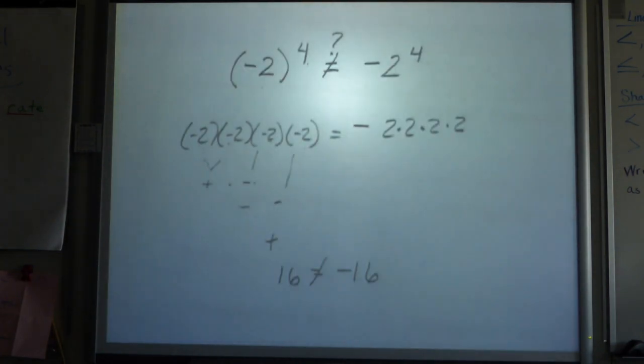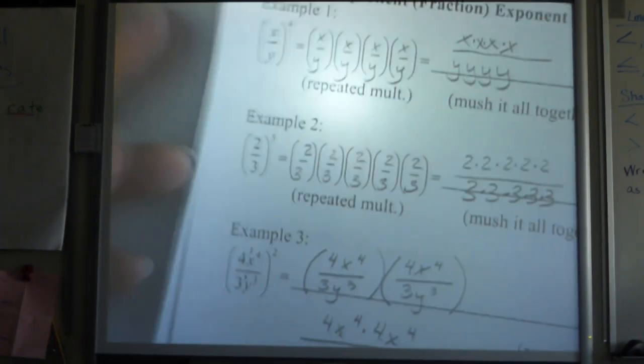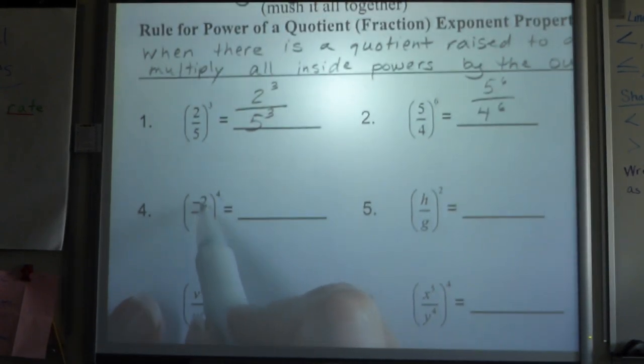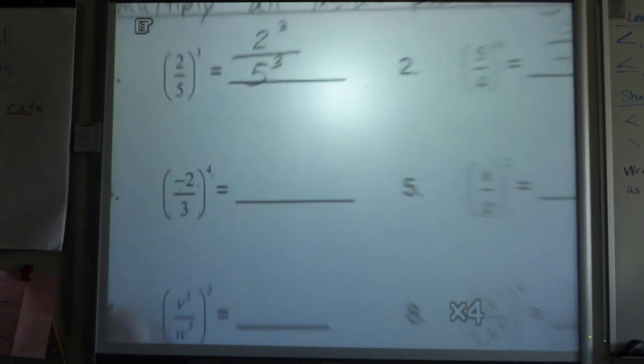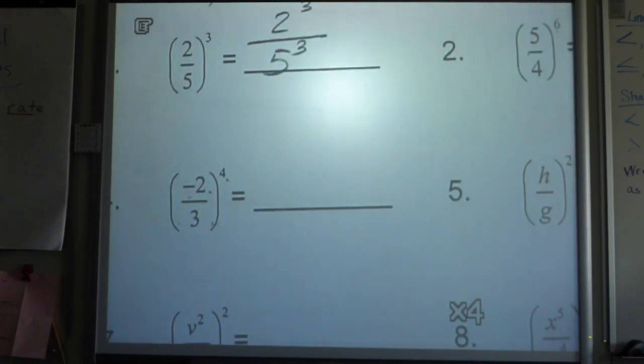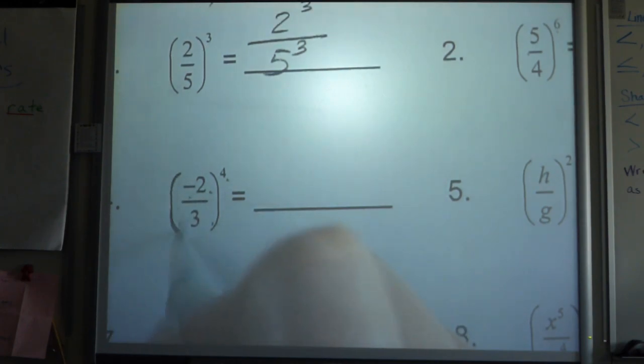All right, so now that we just clarified that, let's look at number 4 again. So here we have -2/3 raised to the 4th power. So is that negative included in this case? Is it inside the parentheses? Yes, it is. And that's getting raised to the 4th power.